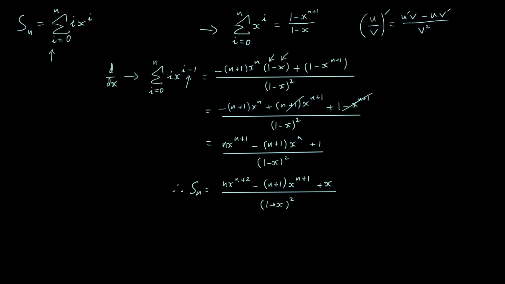And the last thing we can do is consider, as we did for the geometric series, the limit as n goes to infinity, right? So the limit where we're summing together an infinite number of terms. Consider the limit of Sn, and we're going to write that as S subscript infinity. What's going to happen?